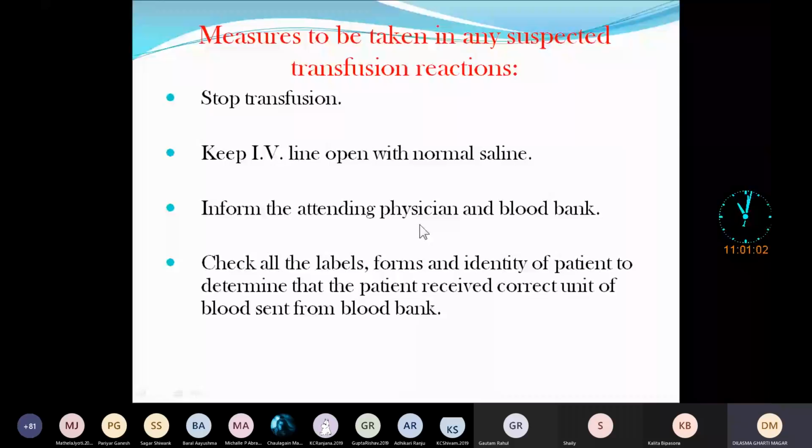The attending physician can come and see whether it is because of the blood bank blood or other things, and the blood bank has to be informed so that they will have the record, and they will check whether the exact cross-match blood was sent or not. And we also check all the labels, forms, and identity of the patient to determine that the patient has received the correct unit of the blood sent from the blood bank.